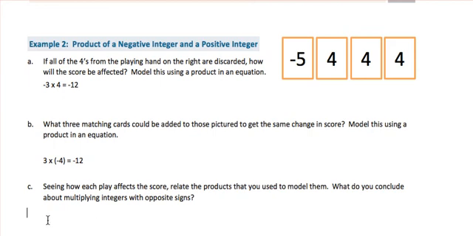And we can show that mathematically as negative 3 times 4 is equal to 3 times negative 4. So if we discard, remember, negative 3, if we discard the number 4 3 times, it will have the same effect on our score as if we actually drew a negative 4 3 times.